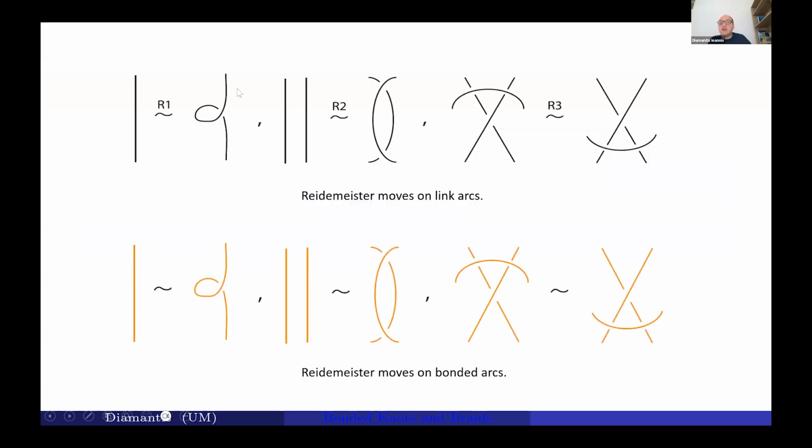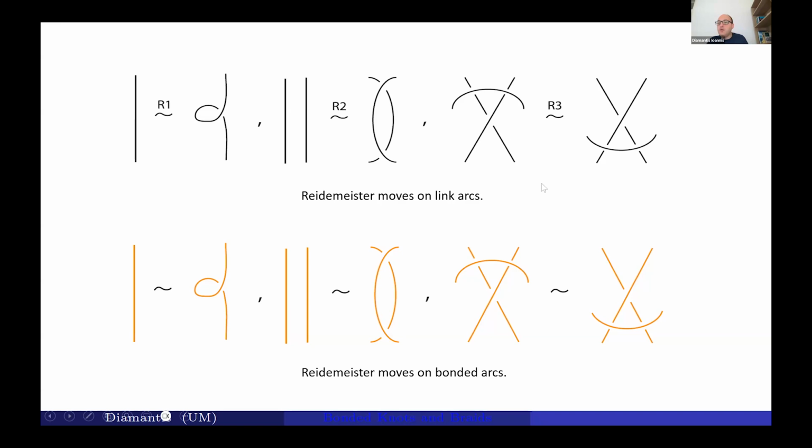Now we go to the classical Reidemeister moves that we allow. We showed before the Reidemeister 1, a positive or a negative kink. Reidemeister 2, where the two strands can go above the other or below. And the Reidemeister 3 move, where you have one strand passing the other side of a crossing, positive or negative crossing, from above or from behind, there's no difference. So all possible situations between the crossings here.